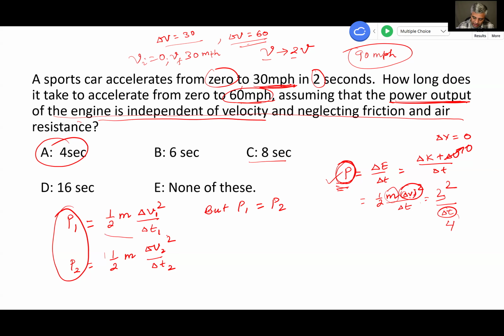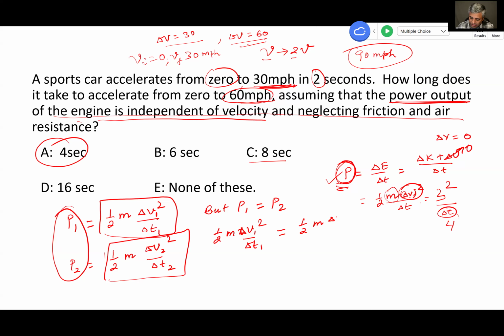So that means I can write this half m delta v1 squared over delta t1 equal to this one here, half m delta v2 squared over delta t2. See how the things that are not changing do not matter, they cancel. Things that do not change, they cancel.